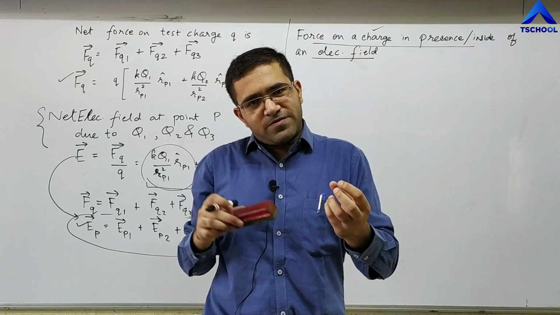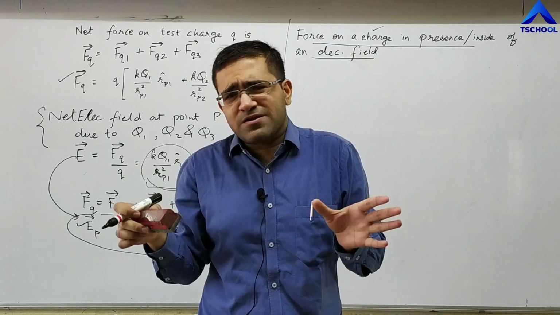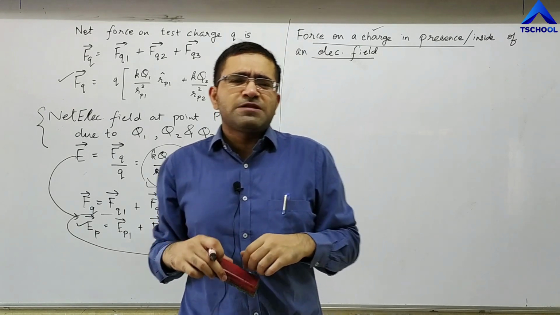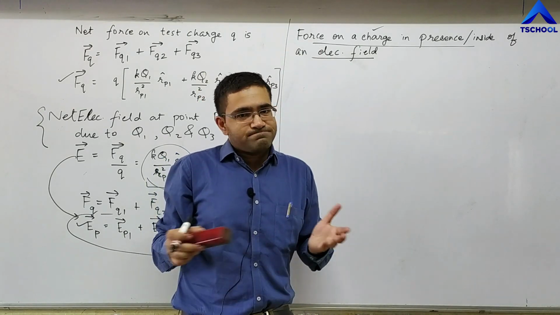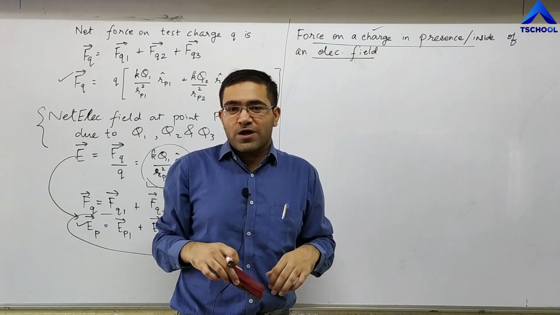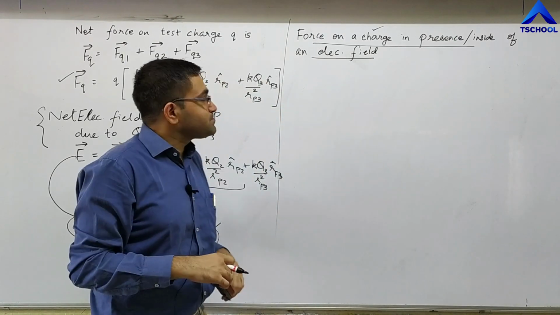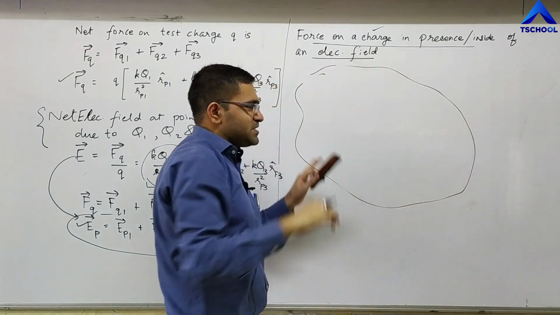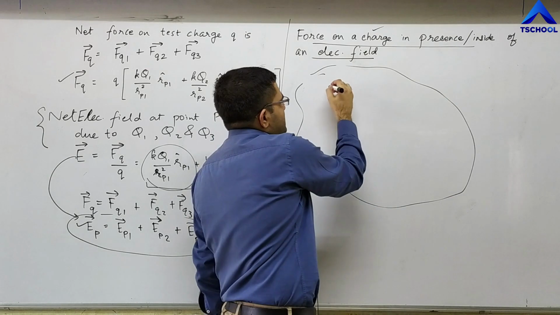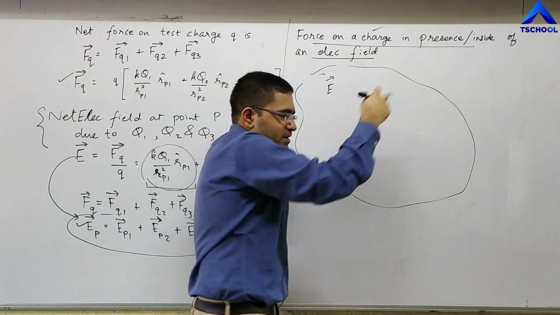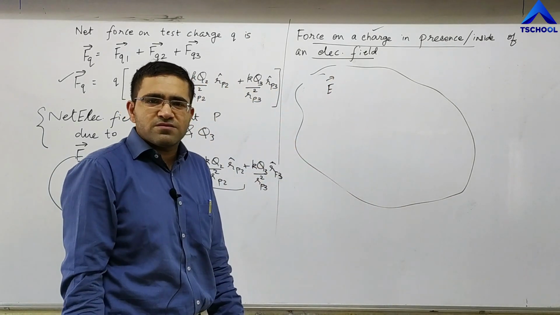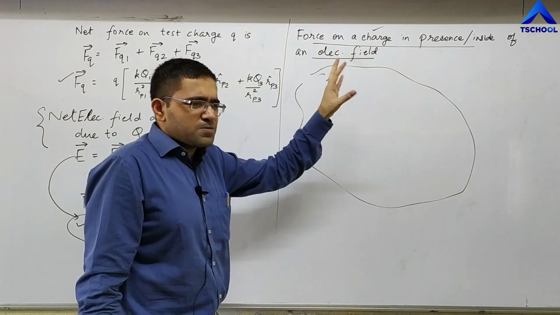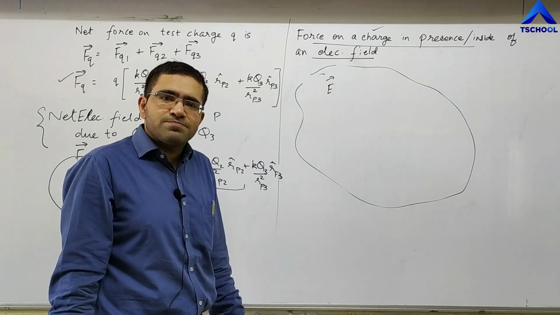So this piece of iron would be inside the magnetic field, that's what we say. And because of that, the piece of iron experiences a force. Correct? Just like that, suppose in this region, somehow some electric field is present everywhere. I'm just indicating it by the E vector.